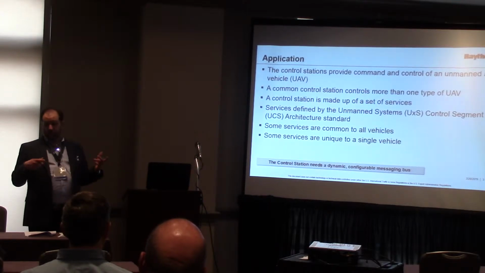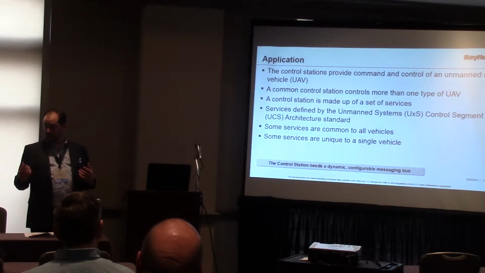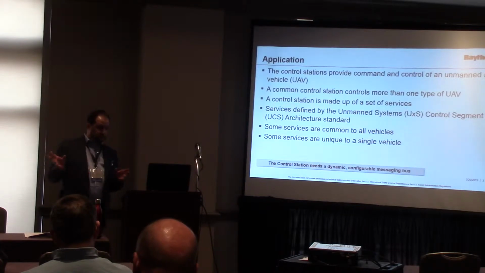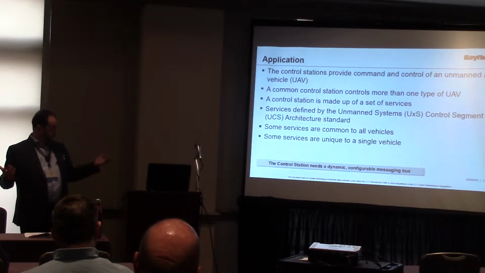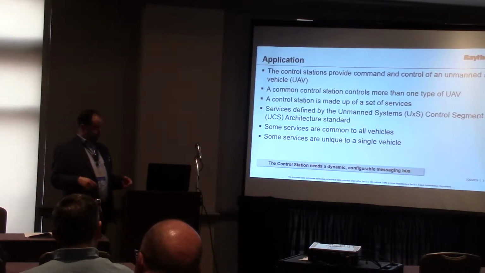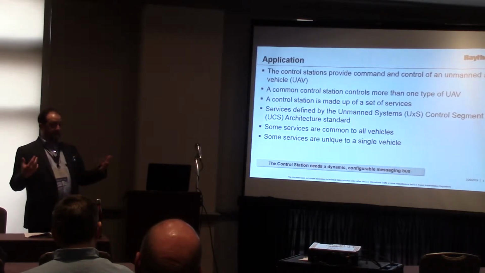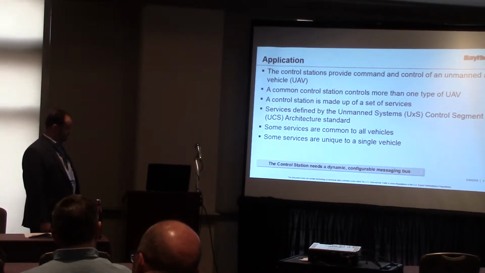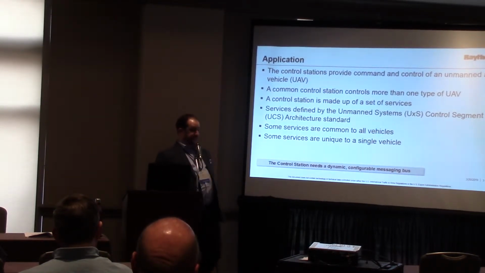What UCS did was divide the control station into a set of about 150 services, each of which performs specific capabilities, and then define the interface for every one of those services as a set of messages. So we have a data model, and now everybody who implements the UCS architecture is implementing that same data model, and we have the ability to plug and play services. Is that standardized? Yes, it's now become an SAE standard within the last couple of years.